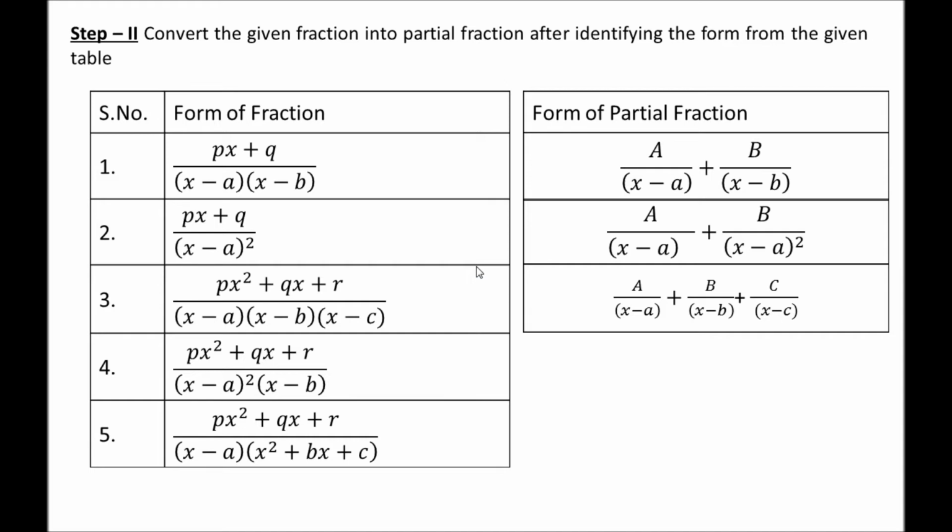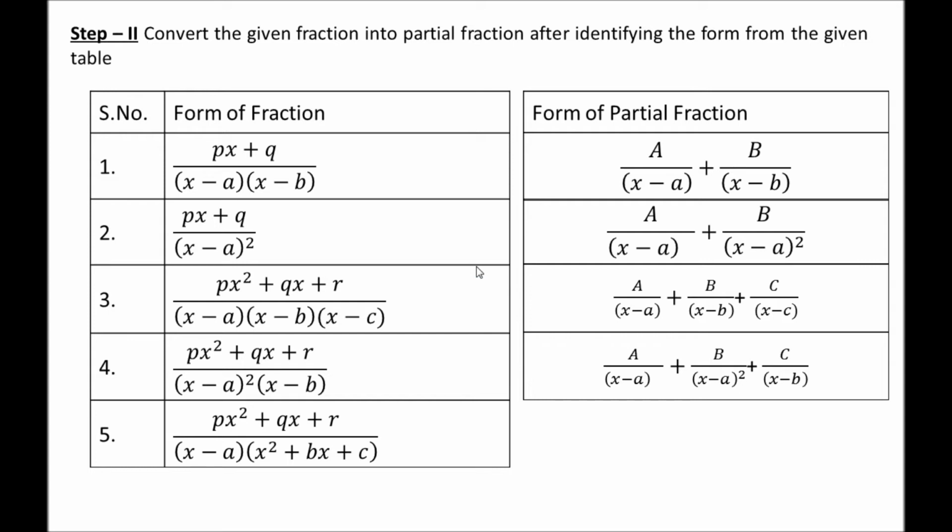Similarly, the third, fourth and fifth forms of fractions can be converted into partial fractions. The first one, a upon x minus a plus b upon x minus b plus c upon x minus c. Next one, a upon x minus a plus b upon x minus a whole square plus c upon x minus b, exactly similar to the second form of fraction I discussed.